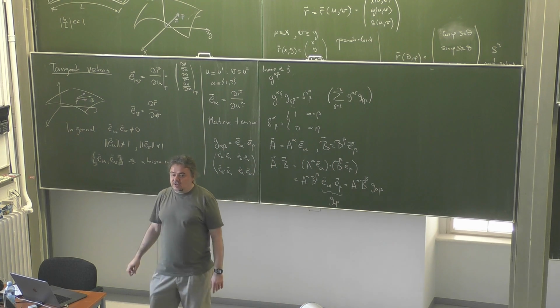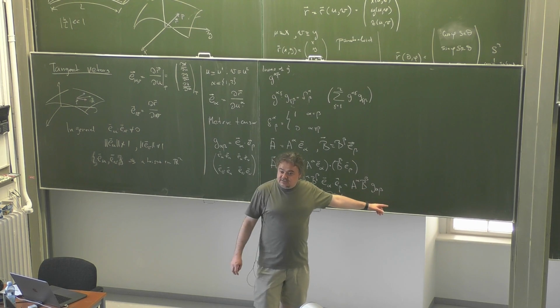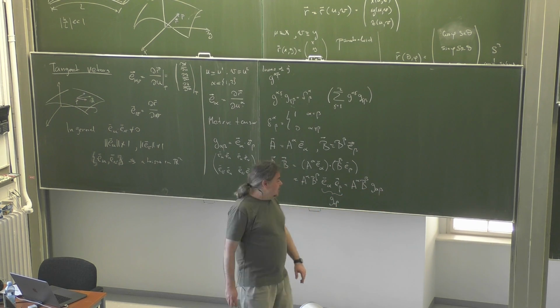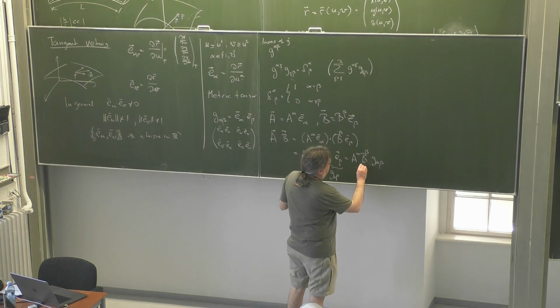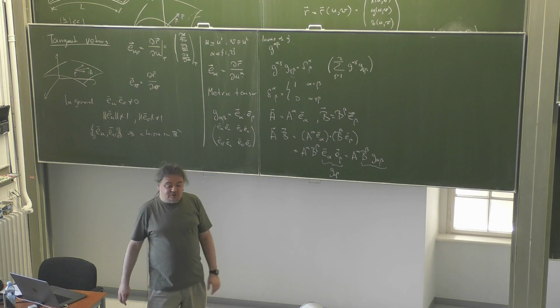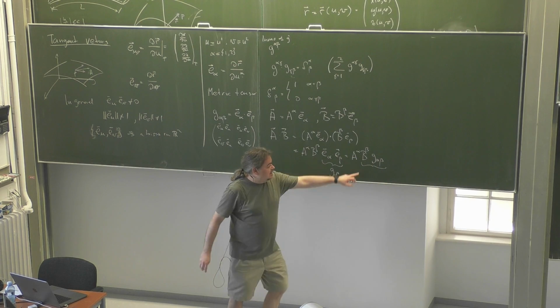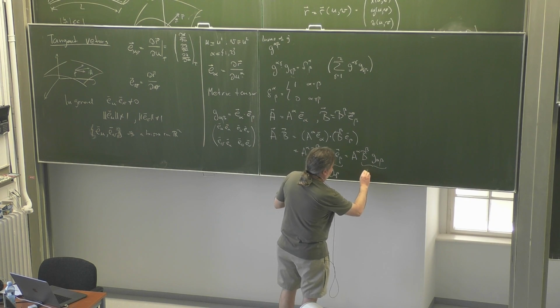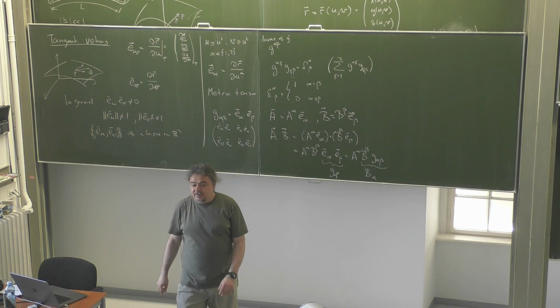So I have double contraction. The result cannot depend on any of the indices because it's a scalar, right? But now what I can notice is that I can use this contraction, so-called contraction, meaning summation of the pairs of indices with the metric tensor to produce a quantity which has a lower index, right?